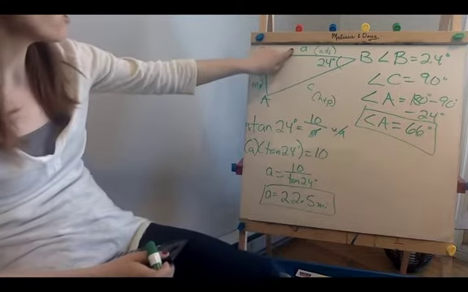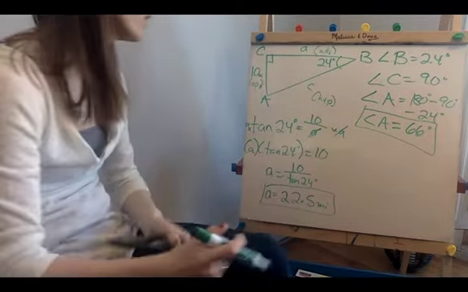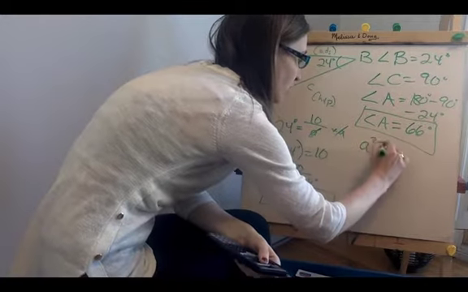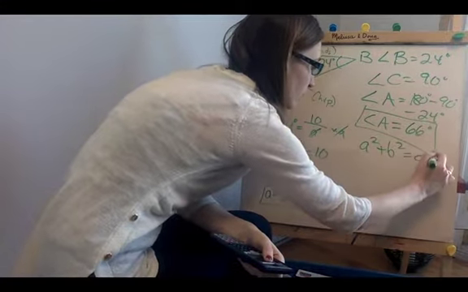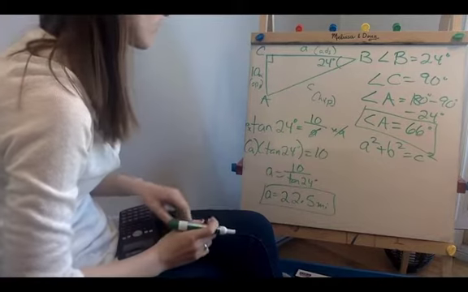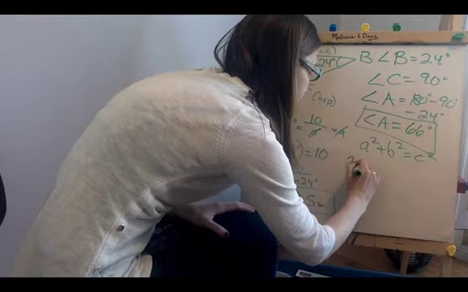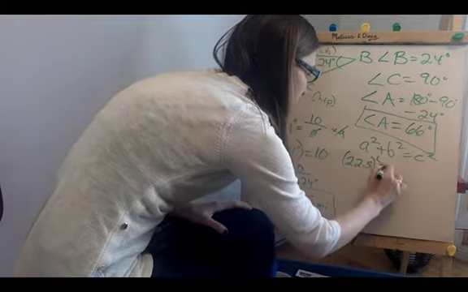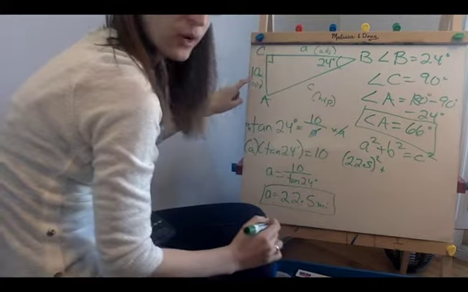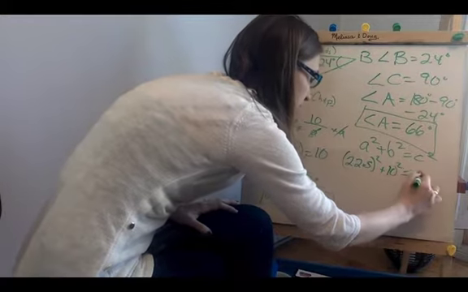Now I know this side is 22.5, and I can set up my Pythagorean Theorem of a squared plus b squared equals c squared. So I get 22.5 squared plus 10 squared is equal to c squared.